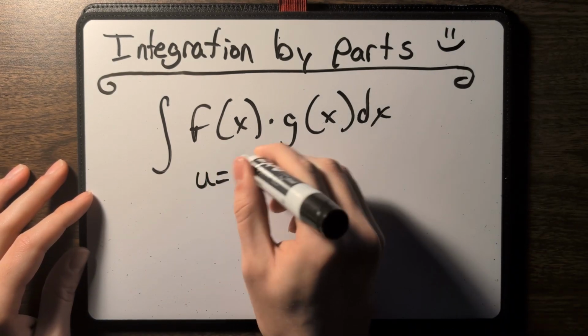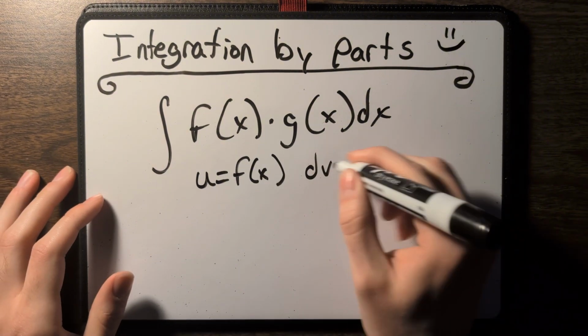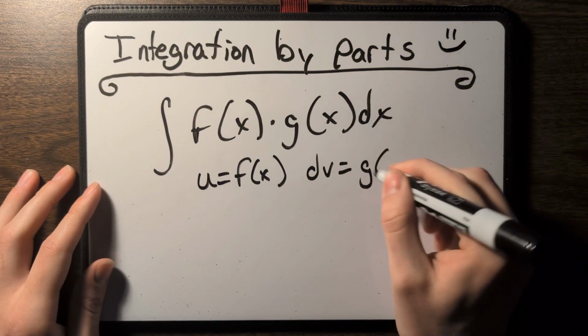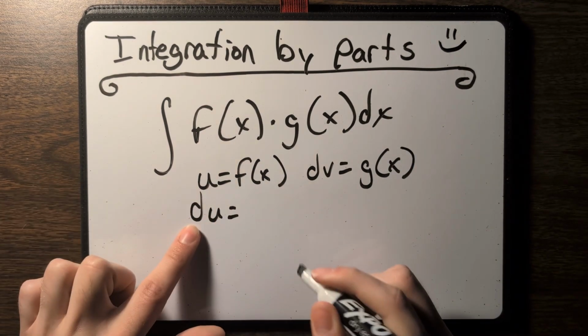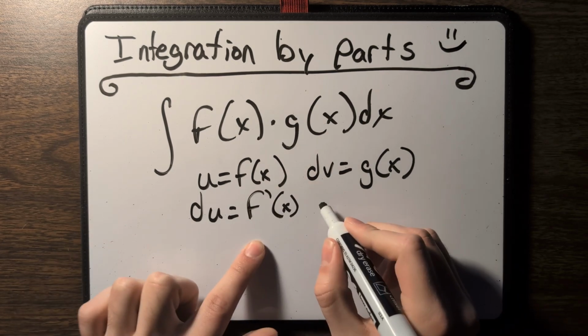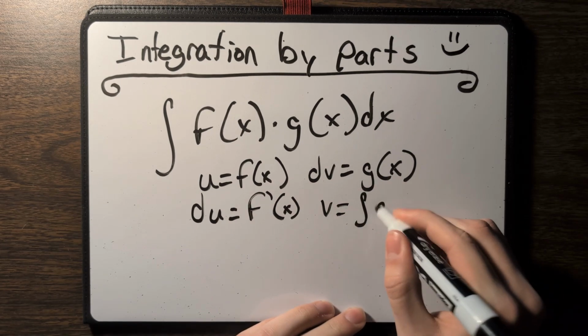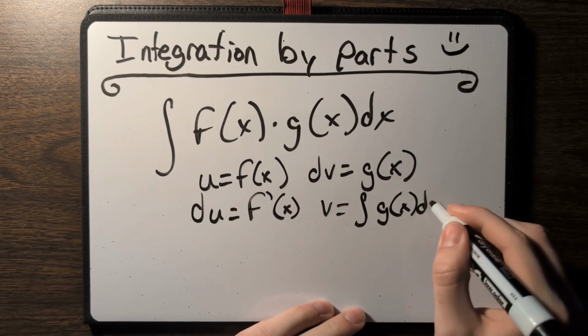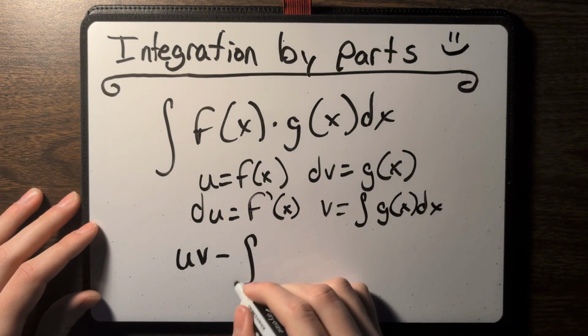So if I say u equals f of x and dv equals g of x, if I take the derivative of u, I get f prime of x, and I take the integral of g, I can decompose it into this sort of formula.